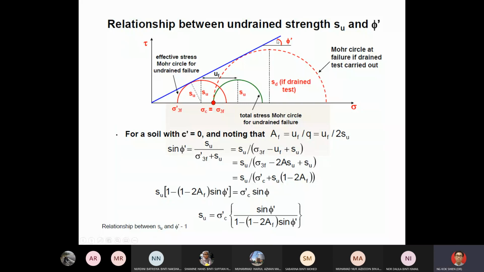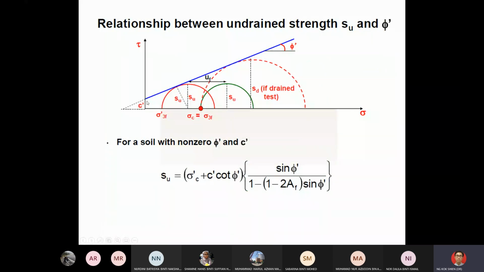And this failure envelope, you can use this phi prime to describe it. Another one is having the C, cohesion. So you have more samples, then you can get this cohesion. Normally you need 3 to get the proper actual failure envelope touching the tangent of all these Mohr circles. So same also for this type of soil, non-zero friction angle and non-zero cohesion. Then the additional term is this one, C cotangent phi prime.